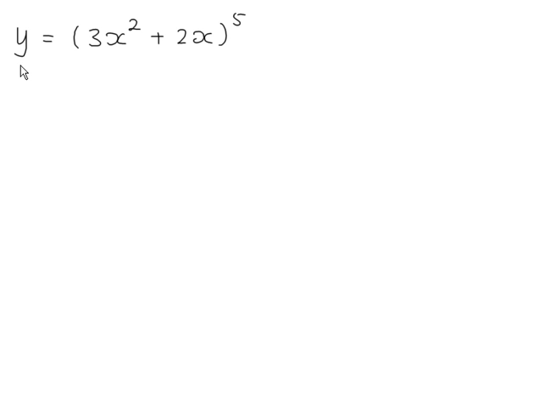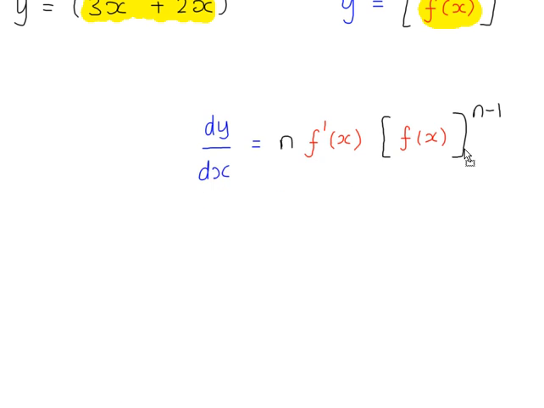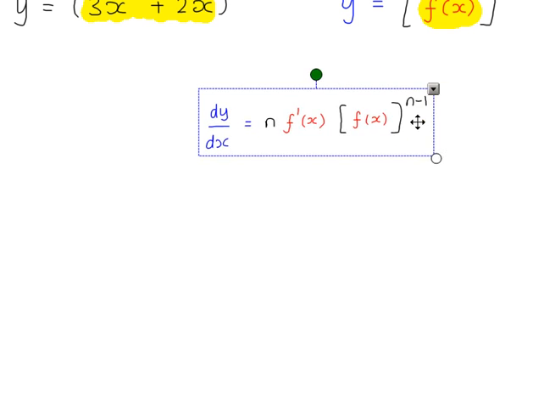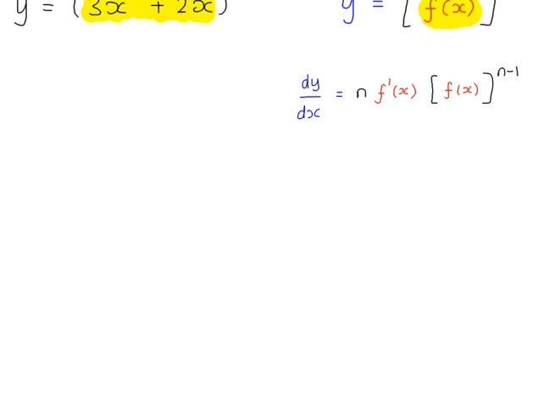Now this time I'm going to differentiate the same equation again, but I'm going to use a standard result, which comes from this. If y is equal to any function of x raised to a power, so this part here inside the brackets, then dy by dx is given by this formula here.